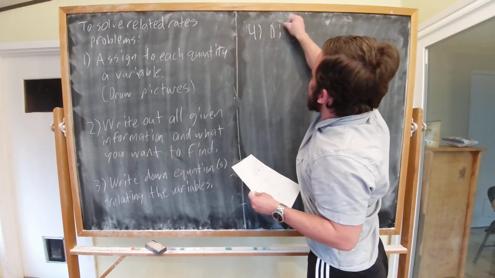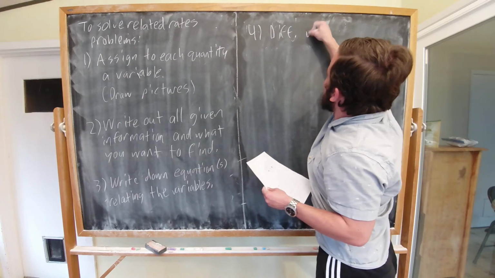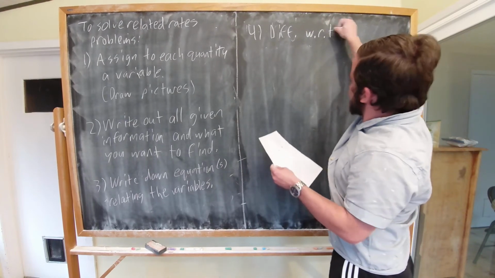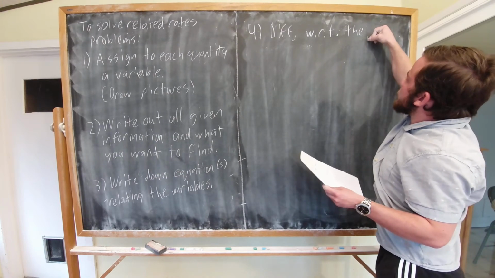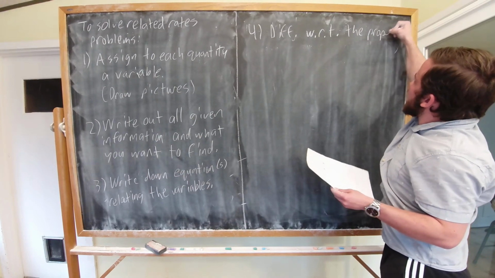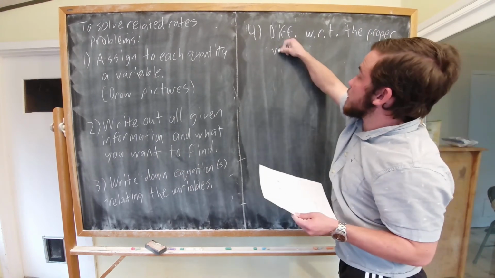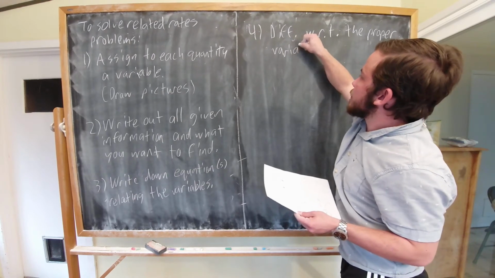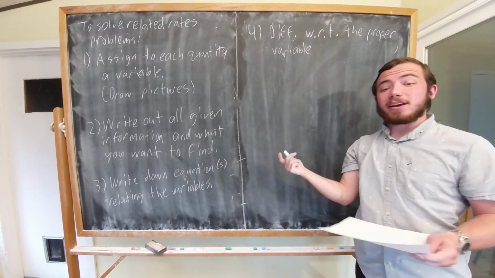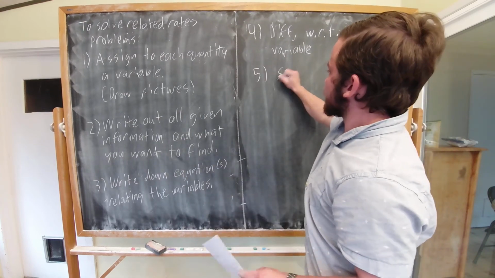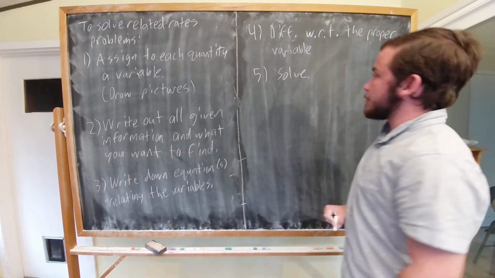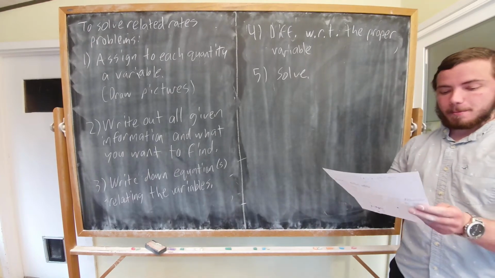So, differentiate with respect to the proper variable, which will most often be t, but could be other things depending on your choice of variables. Then the most blunt step 5, solve.